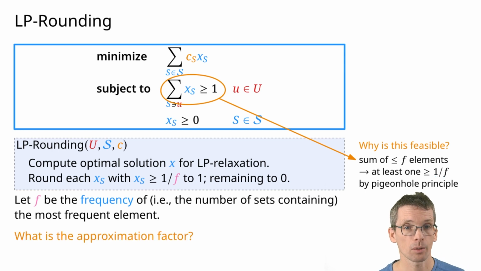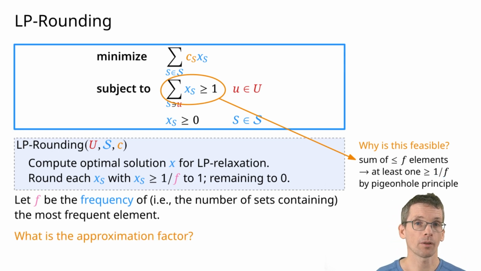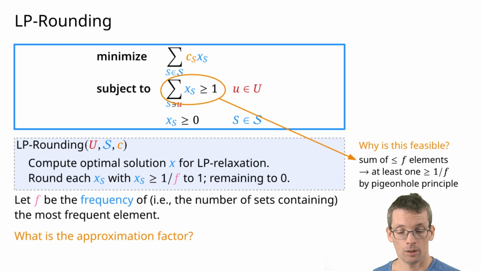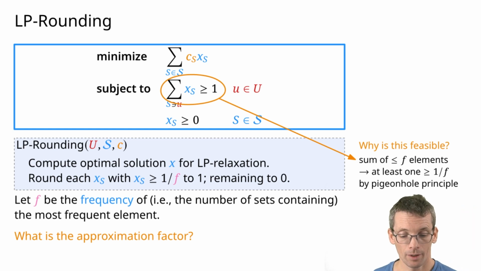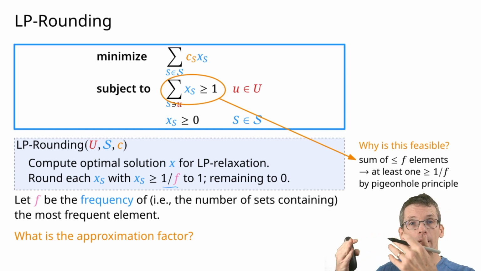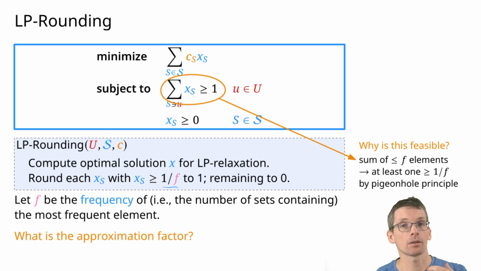What is the approximation factor that I get? So this is very easy. We have to see by how much we increase the x_s. If something is smaller than 1 divided by f, I don't increase it, I actually decrease it, so I'm fine anyway. Anything that is at least 1 divided by f, I scale up by at most a factor f.